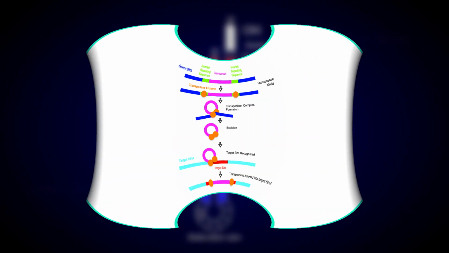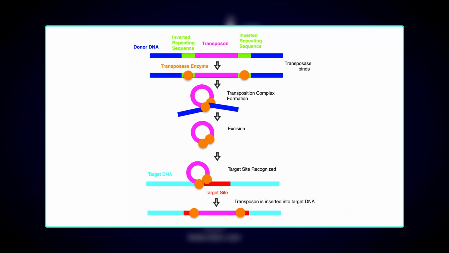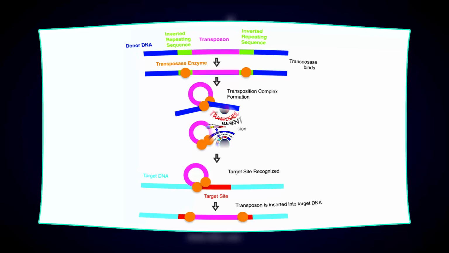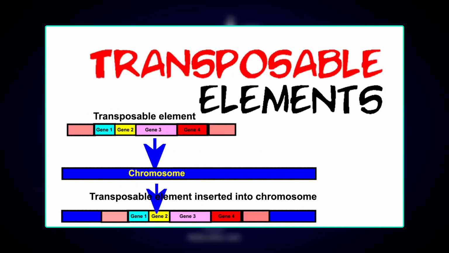Transposition. Transposition is a highly specialized form of recombination in which a segment of DNA moves from one location to another location, either on the same chromosome or on a different chromosome. So transposable elements, or transposons, can be described as discrete DNA segments that are able to move between different non-homologous genomic loci.